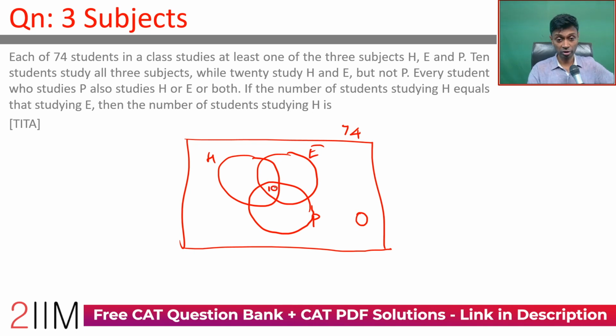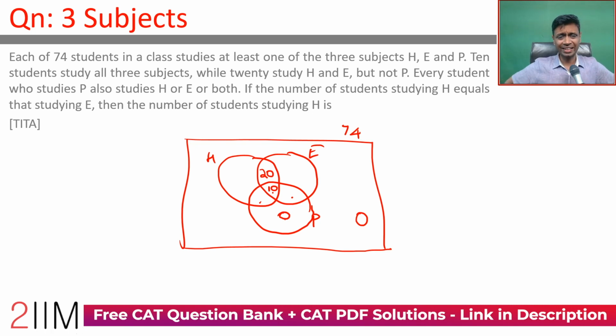Lovely. I can just put this in here. Well, 20 studied H and E but not P. That means here. Every student who studies P also studies H or E or both. So every student who studies P should either be here or here or here. There's no standalone P. This goes to 0.